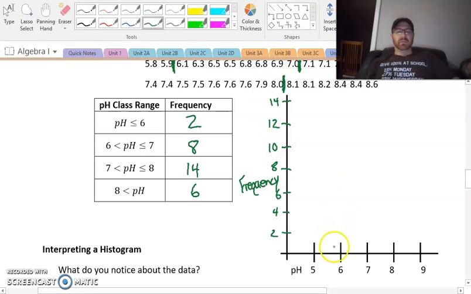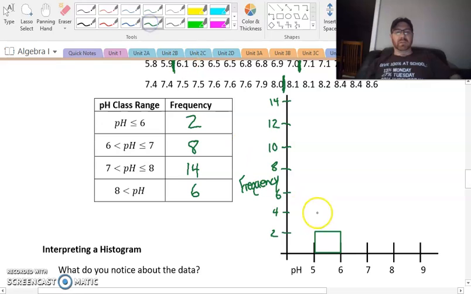Now, for this part, it's really useful if you use a straight edge. That way your things turn out nice and neat. So what I'm doing here is between 5 and 6, since there were only two samples that had this pH, I'm going to make my box like that.